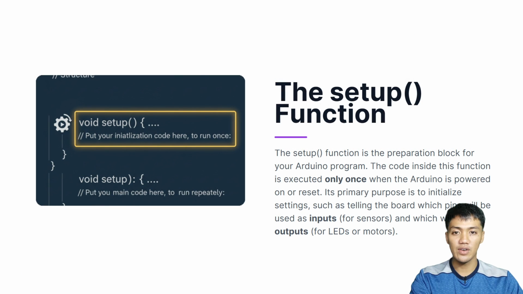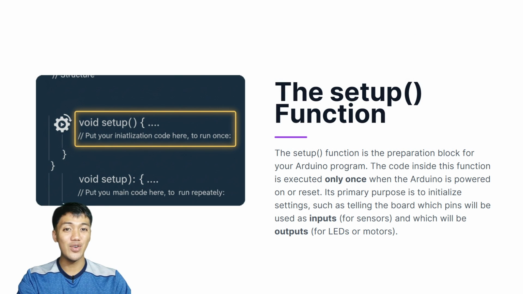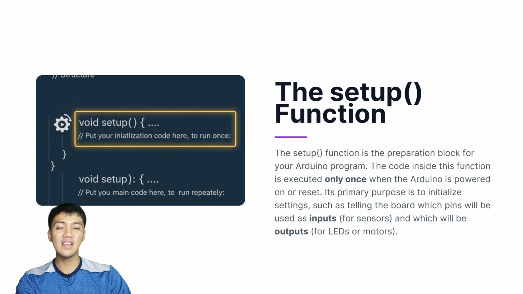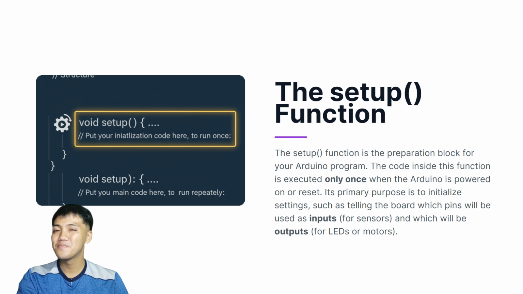So once again, we have your void loop and your void setup. In your void setup, all the things that have to be run for the first time, the things that need to be set up, those are in void setup, as the name suggests.